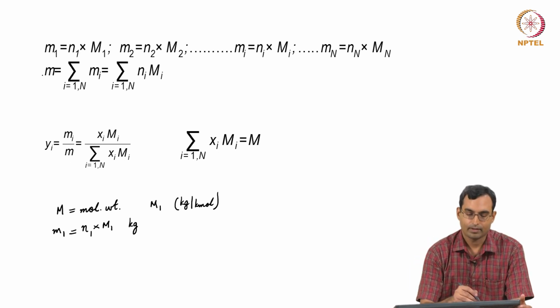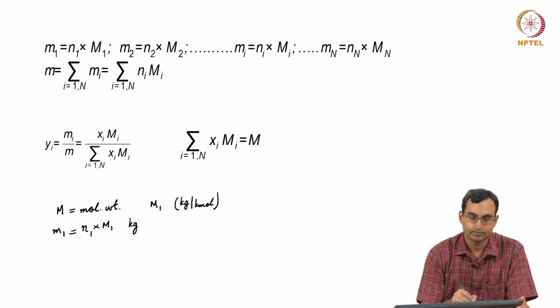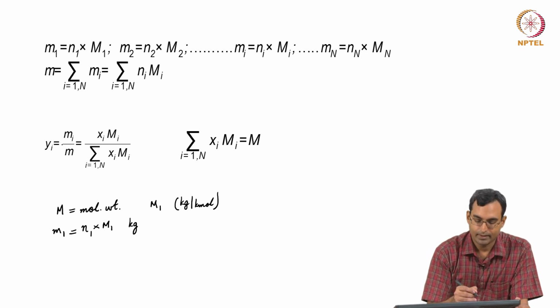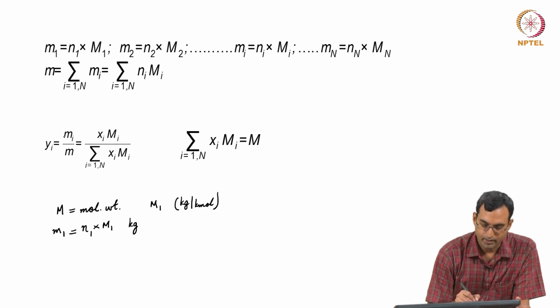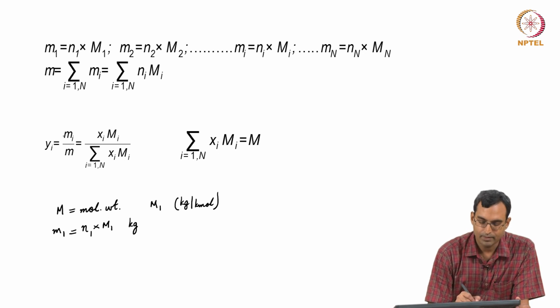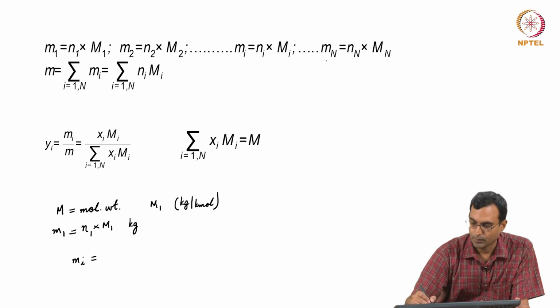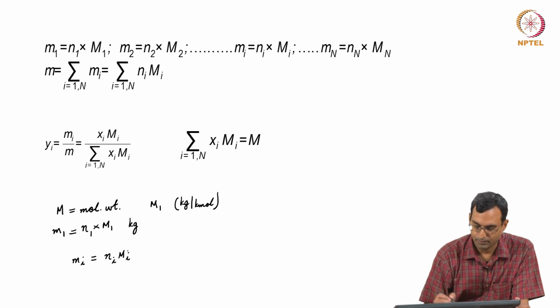And since we defined the mass fraction in this way, we can now define the mass fraction slightly differently. So, we have this mi by m. In the place of mi, we can actually put ni into capital Mi. So, the mass of the ith species is essentially the number of moles of the ith species into the molecular weight of the ith species.